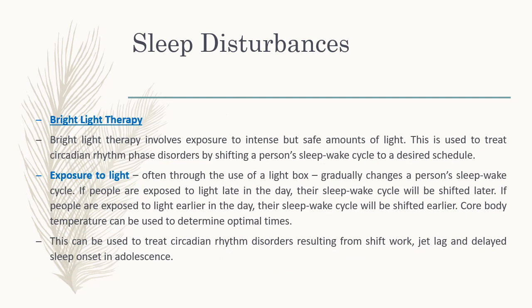Bright light therapy is another way of treating sleep disorders, and it essentially is exposing you to intense but safe amounts of light to treat circadian rhythm phase disorders by shifting the sleep-wake cycle to a desired schedule. And this is usually exposing you to light, usually a light box, but they can also say, okay, go outside.